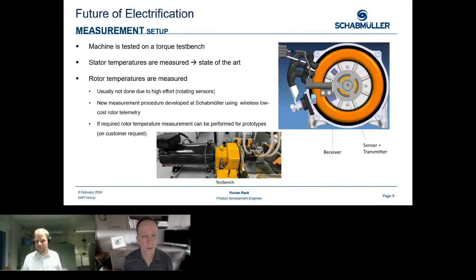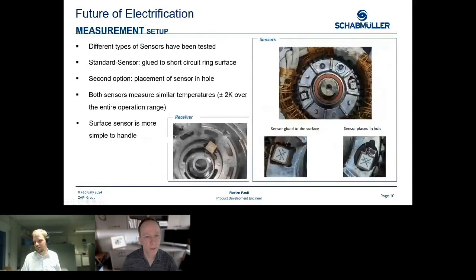And we have developed a methodology where we can, more or less easily, apply this for all our induction machines. On customer request, this is available for induction machines from Schabmüller from now on. On our test bench, it's a thing we do during prototype production.